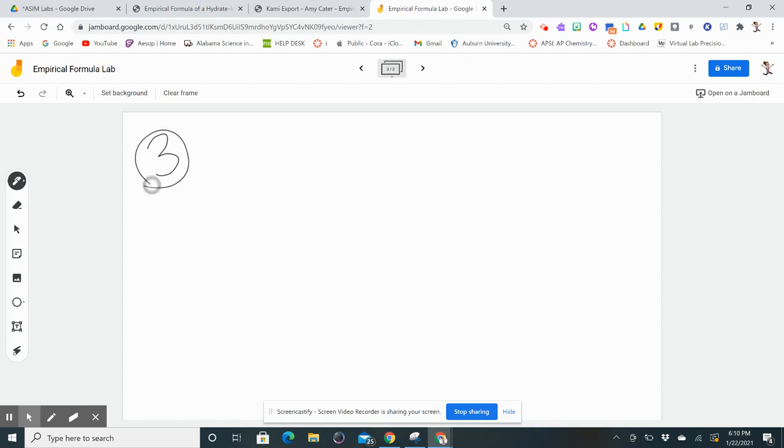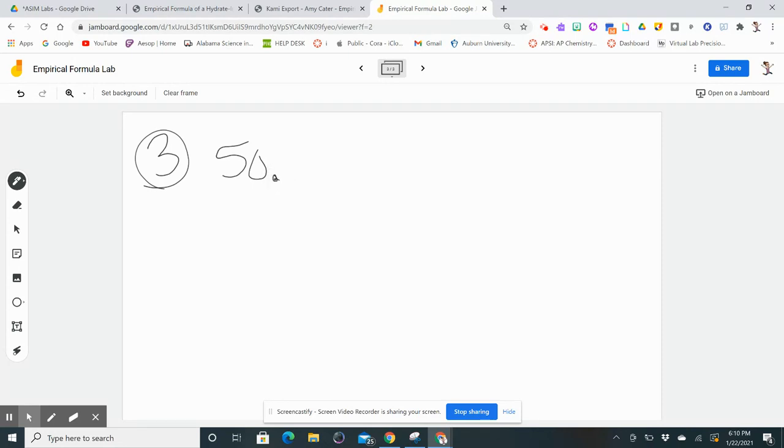The mass of magnesium chloride produced in the reaction. To find that, I'm going to take the mass of my beaker and the white powder residue that was left over, that most of y'all did not get to see.